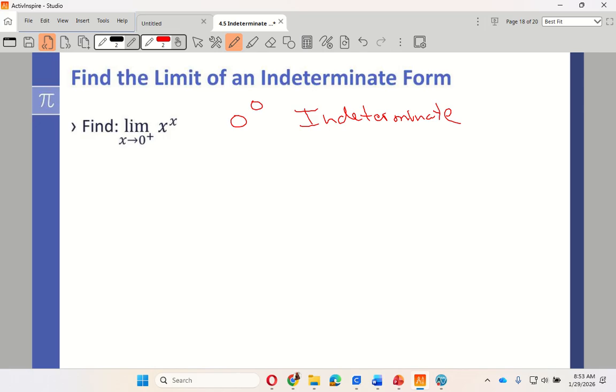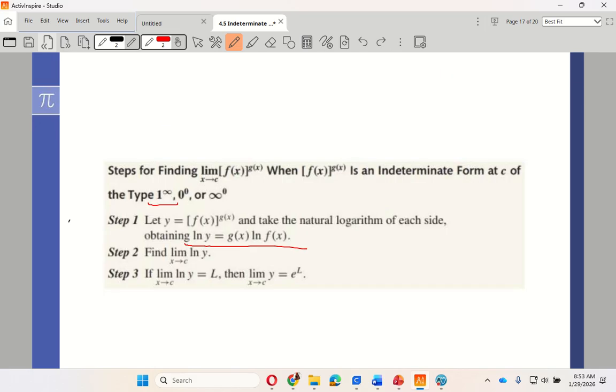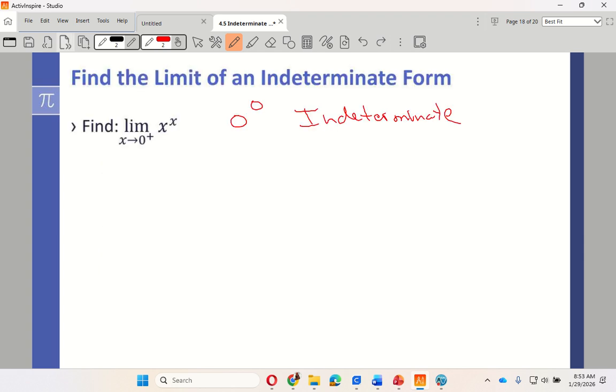Okay, said rewrite it. ln y is equal to g of x ln f of x. So it's going to look like this. g of x, which is the outside, is going to be x times ln f of x.